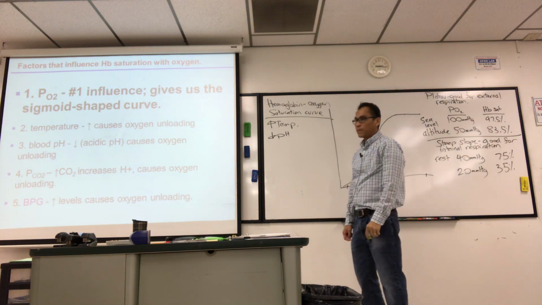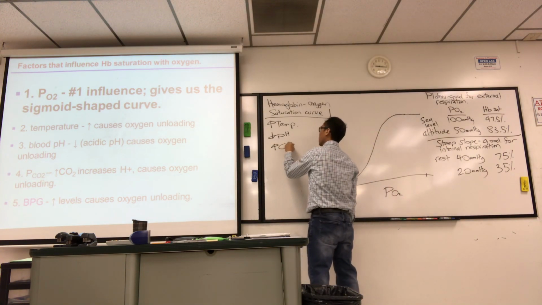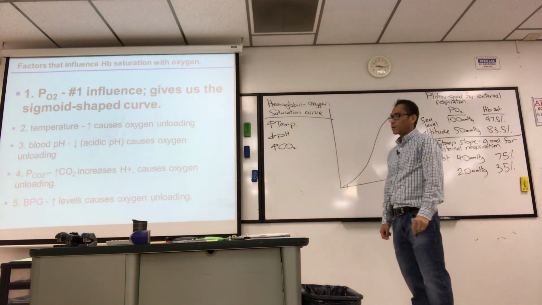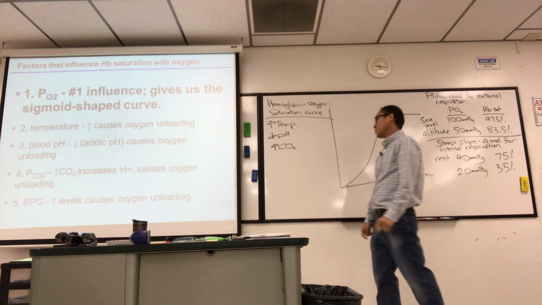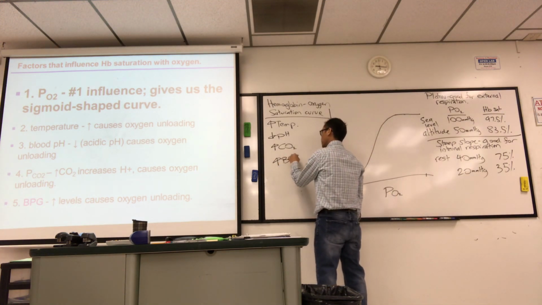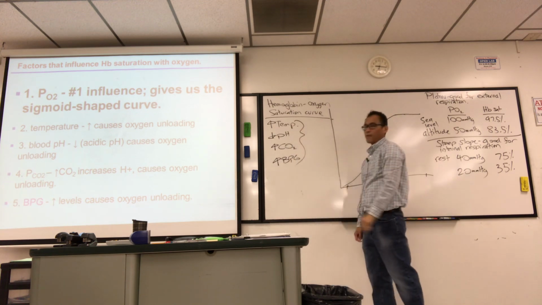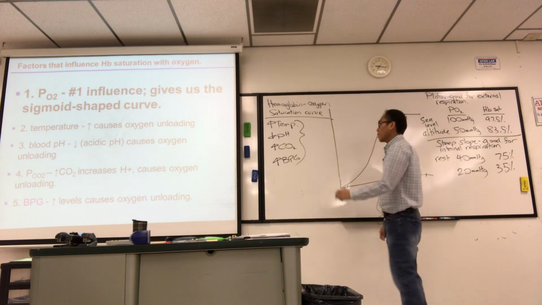For example, when you accumulate CO2 in the blood, that causes more oxygen unloading. Also, when you accumulate an enzyme called BPG, all of these things, put a bracket around it, facilitate, you increase oxygen unloading.